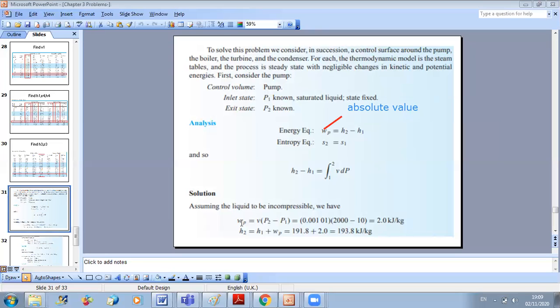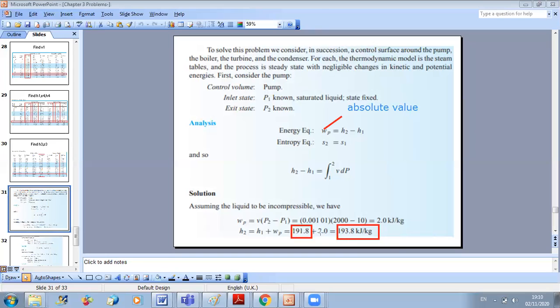And now, once we find W pump, as we said together, we can compute H2, which is H1 plus WP, and we get H2. And always, whatever convention you take, keep in mind to verify your results. As expected, at the exit state from your pump, the enthalpy should be higher because you are compressing your fluid. So H1 was 191.8, H2 will be 193.8.